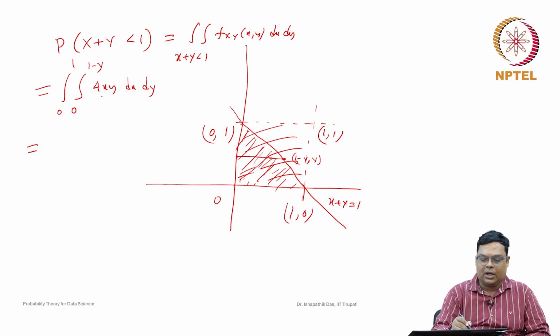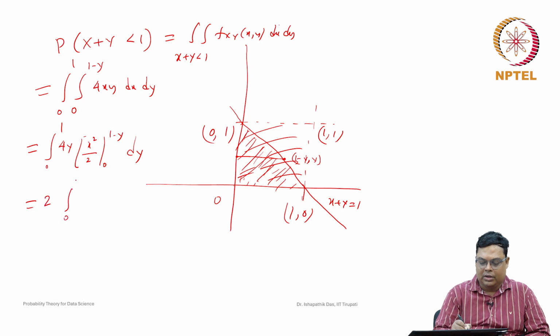Now we have to do this integration, from 0 to 1 and from 0 to 1 minus y. First, 4y is constant here, and the integral of x is x square by 2, with limits 0 to 1 minus y, and then dy. So the 2 and 2 cancel, giving 2y.